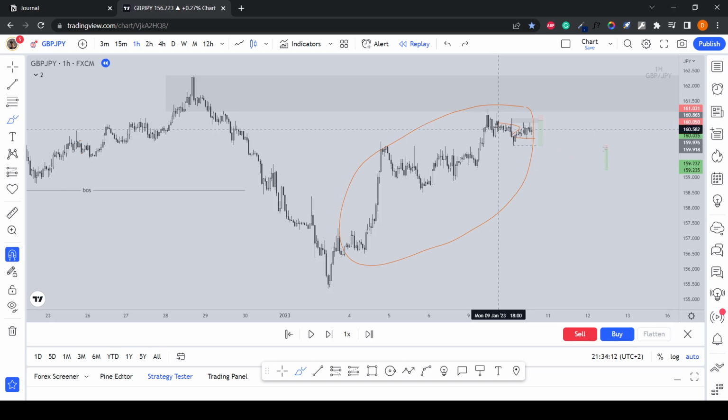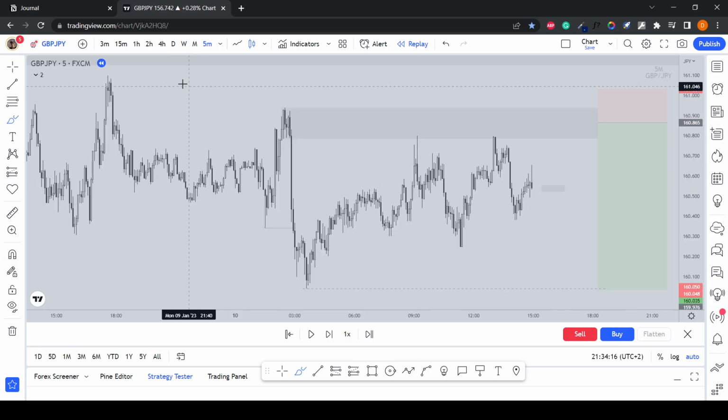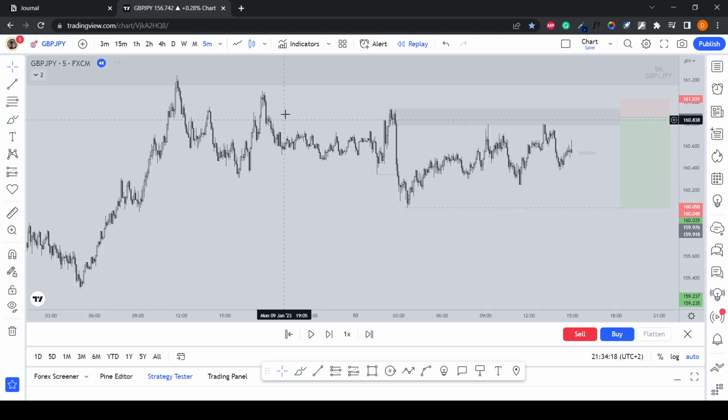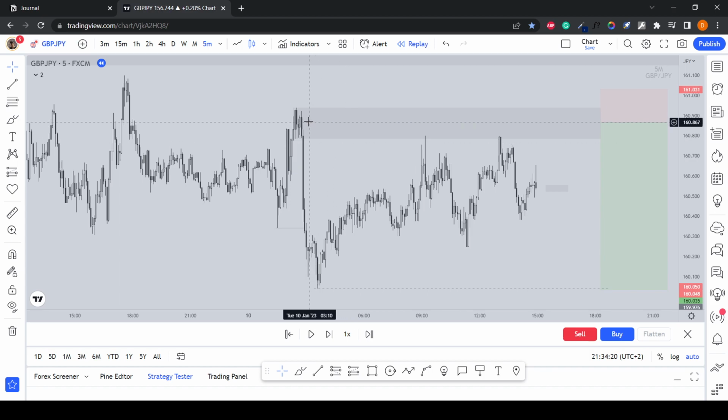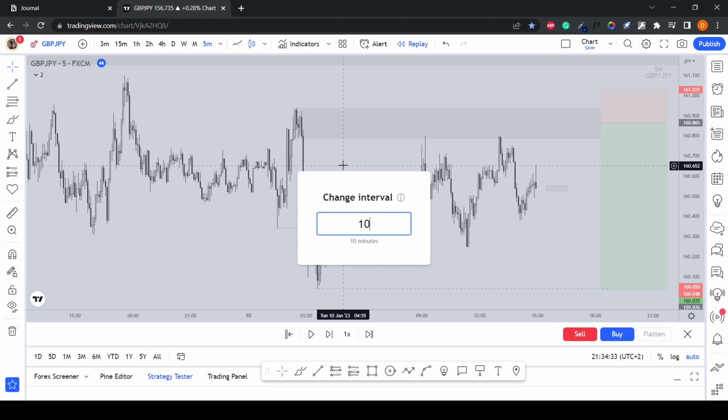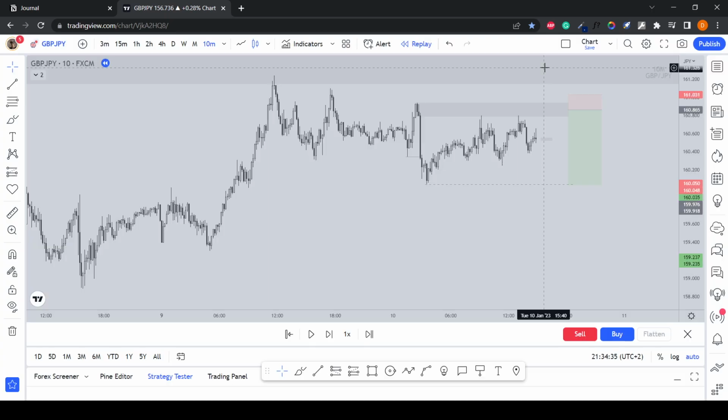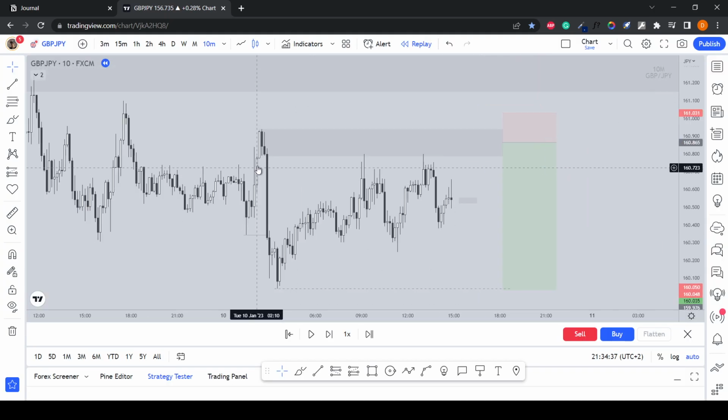But for me it was okay, so I decided to look for my entries. And in this specific example, after we tapped, we had this clear break of structure on 5 minutes, and this nice and clear demand zone. Sorry, it was not 5 minutes, it's a 10 minute zone.